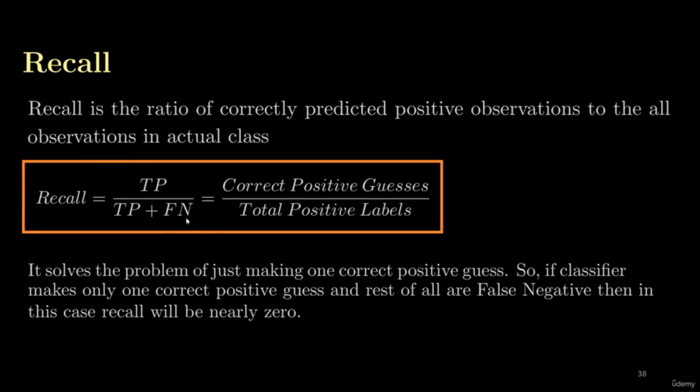In precision, we have the false positive value here, whereas in recall, we have the false negative value here. So basically, this value is actually positive, but the model has classified it wrongly as negative. That's why the sum of true positive and false negative is basically the total positive labels. So out of the total positive labels, how many labels are correctly classified or guessed by our model? It will give us the value of recall.